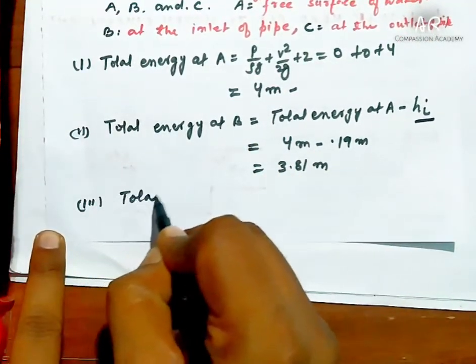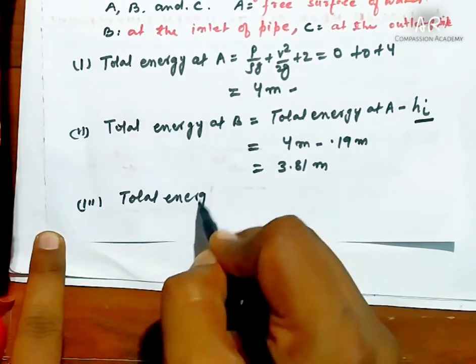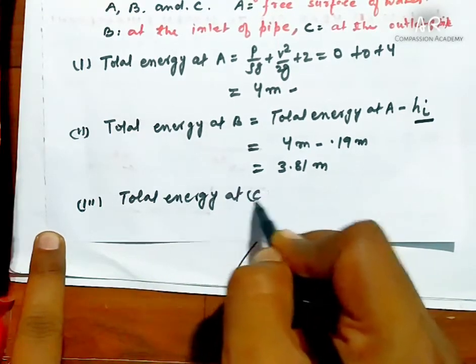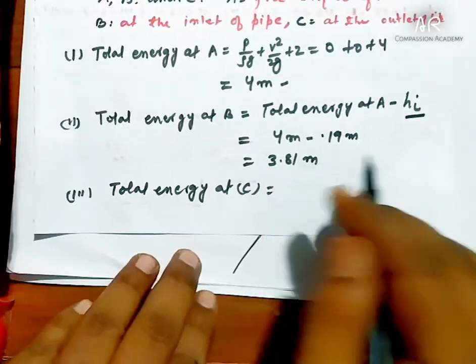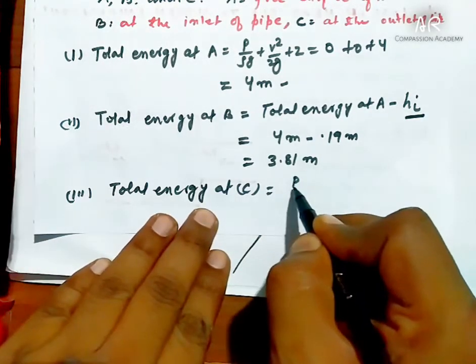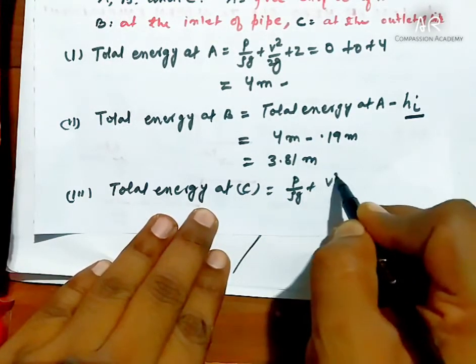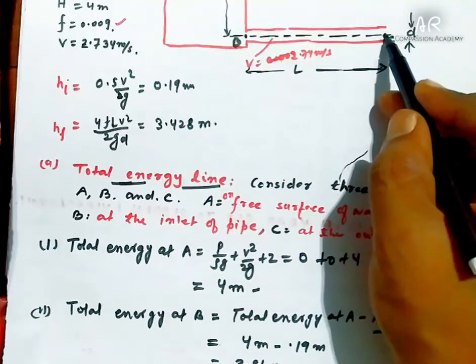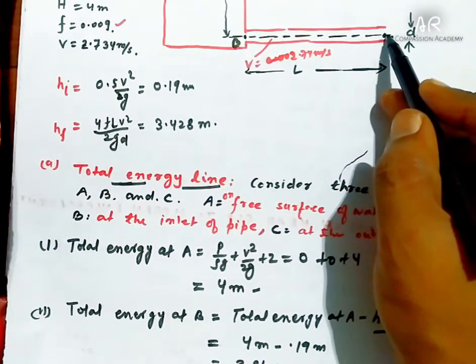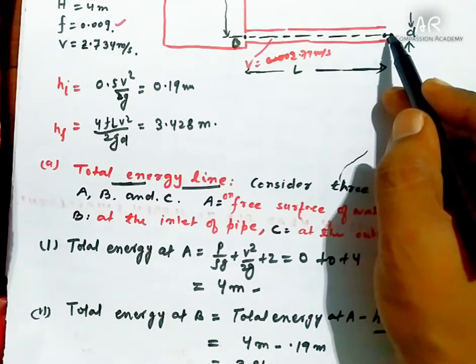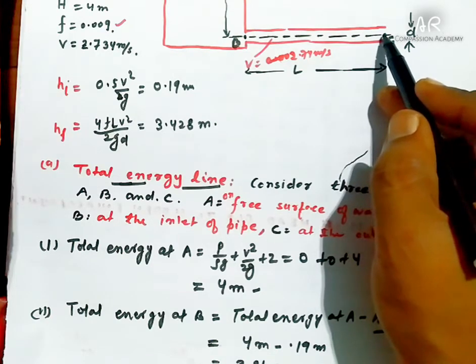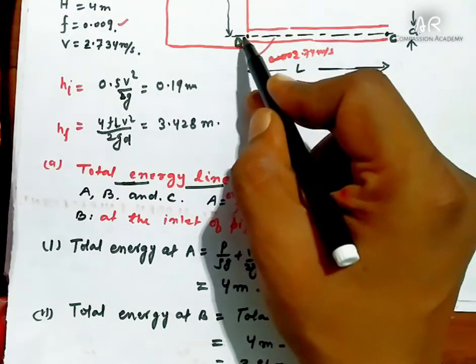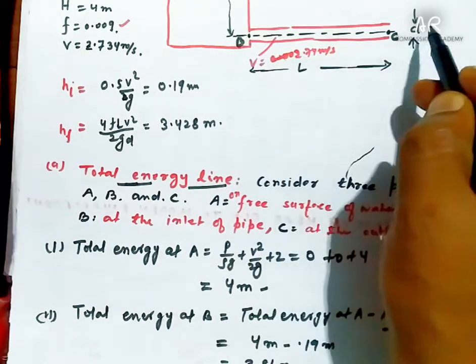Total energy at C is equal to P by rho g plus V square by 2g plus Z. Here at the point C, because it is exposed to the atmosphere, the pressure is 0, and Z is also 0 because it lies on the center line of the pipe and the reference line is also the center line.